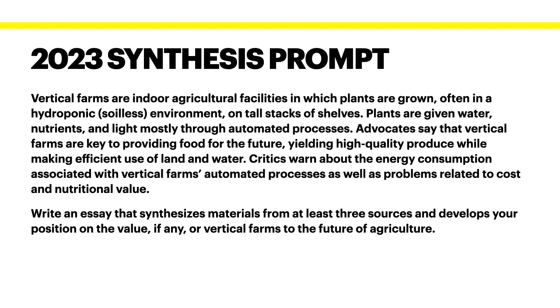Advocates say that vertical farms are key to providing food for the future, yielding high-quality produce while making efficient use of land and water. Critics warn about the energy consumption associated with vertical farms, automated processes, as well as problems related to cost and nutritional value. Write an essay that synthesizes materials from at least 3 sources and develops your position on the value, if any, of vertical farms to the future of agriculture.